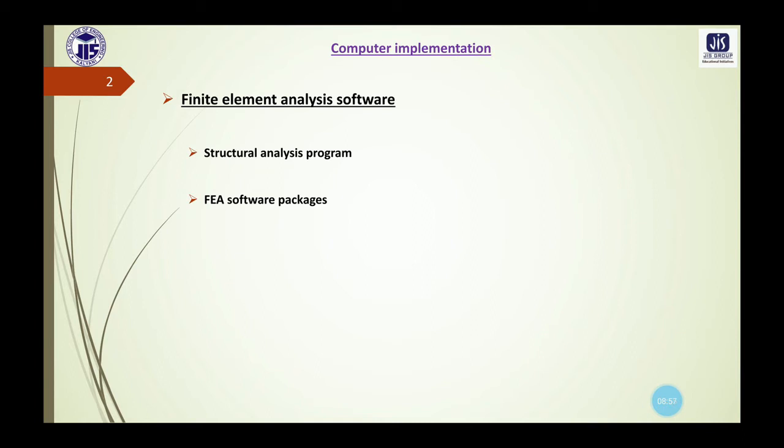So several software packages I have said just now, like Abacus, ANSYS, SAP, then Adina, Cosmos. So there are several major features for all the software, like they are having some element library, then there is analysis capabilities and range of application for each and every software, and types of loading are there, then boundary conditions and models, these are there, and material properties that we need to define in the pre and post processing, then interfaces with CAD or CAM system, and finally the design optimization.